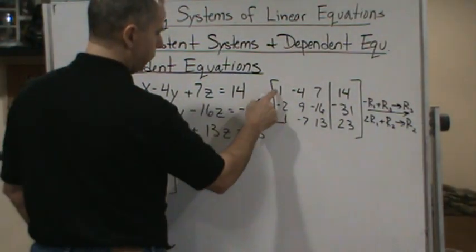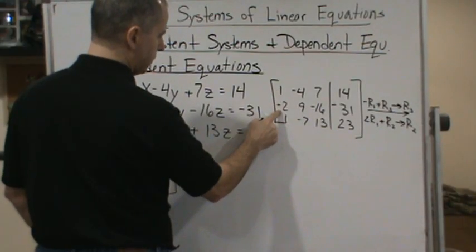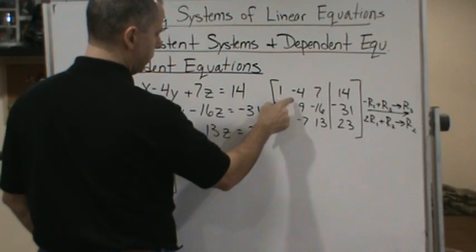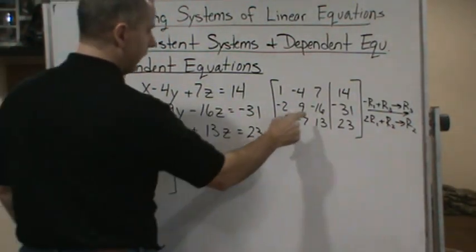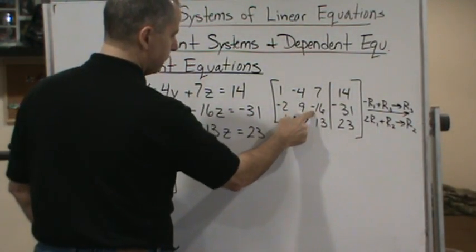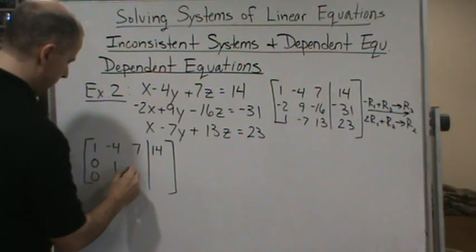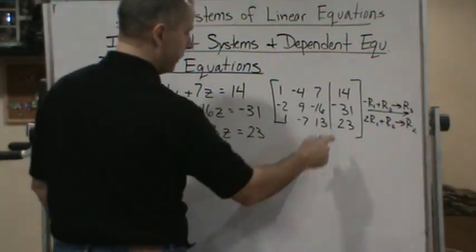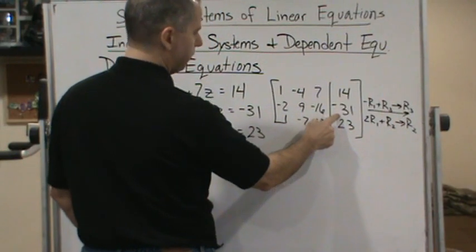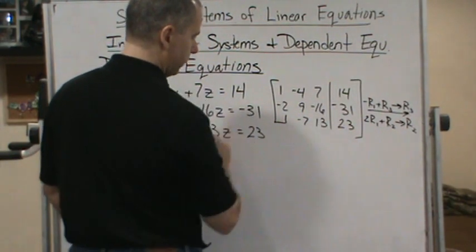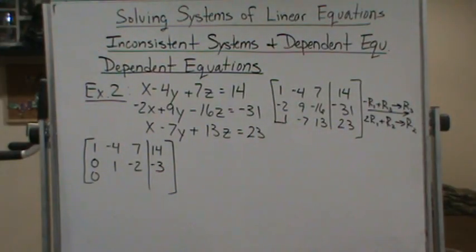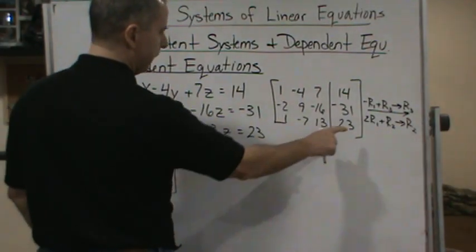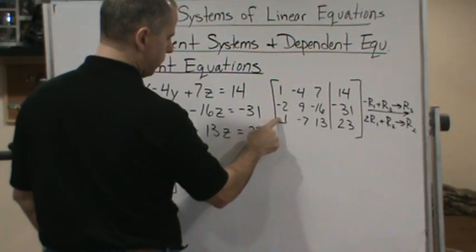So if we do 2 times row 1 plus row 2, that's going to be 0, and then -8 plus 9 is 1. 14 plus -16 is -2. And then 28 plus -31 is going to be -3. All right. So then we do the same thing for row 3. So it's going to be negative row 1 plus row 3.